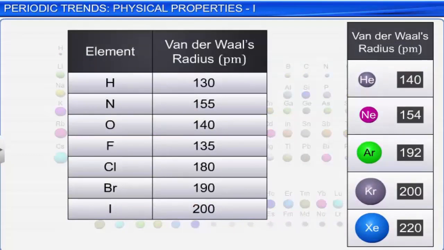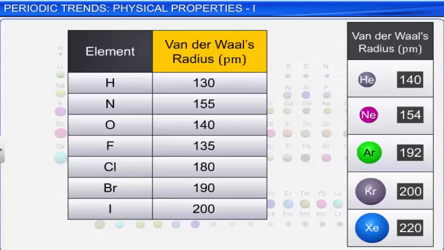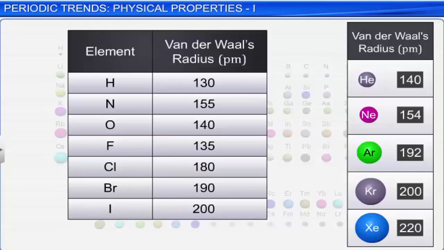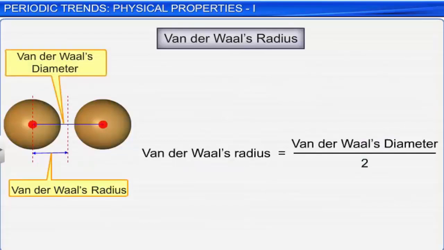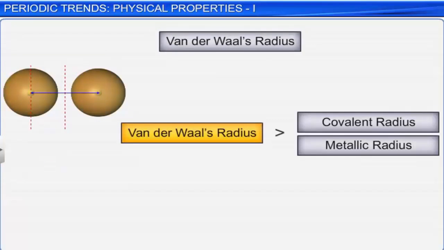Hence, the radii of noble gases should be compared with the van der Waals radii of other elements, rather than the covalent radius. Van der Waals radius is half the internuclear distance between two non-bonded neighboring atoms or two adjacent atoms belonging to two neighboring molecules of an element. Van der Waals radii are usually larger than covalent or metallic radii.